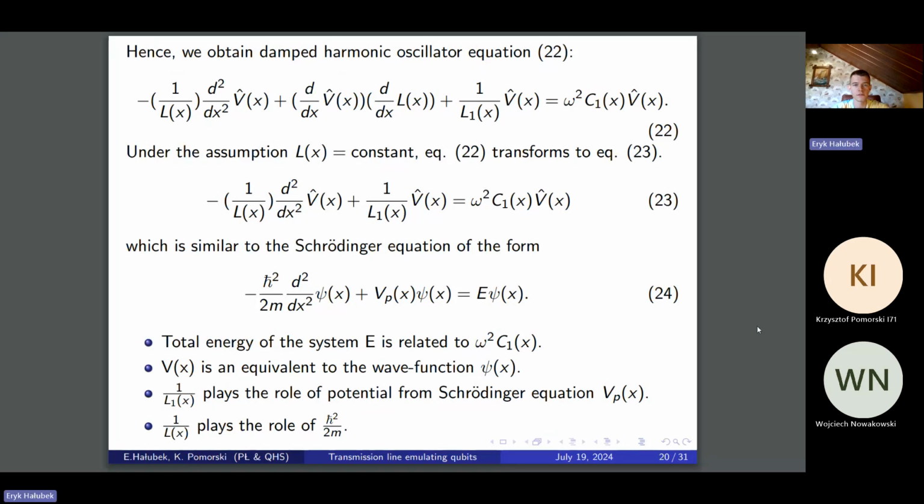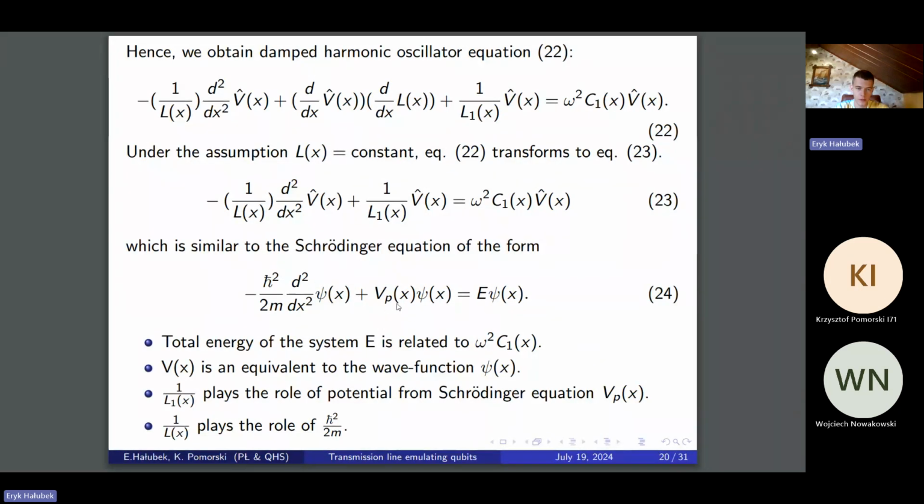As we obtain the harmonic oscillator equation. Now, under the assumption that L of x is constant, this equation transforms to equation 23, which is similar to the Schrödinger equation of the following form. So here we can see how each part corresponds.